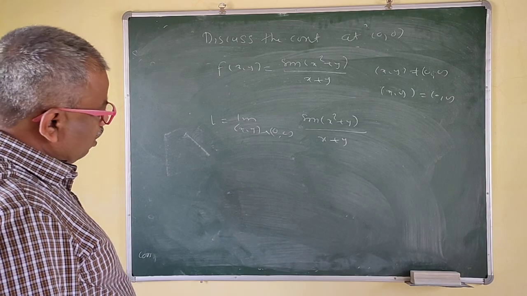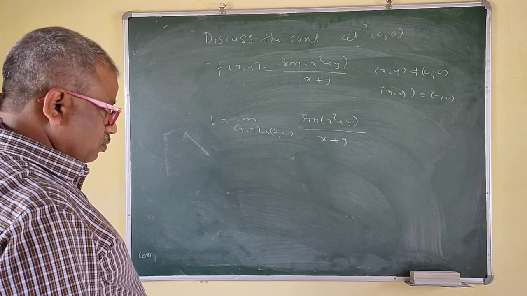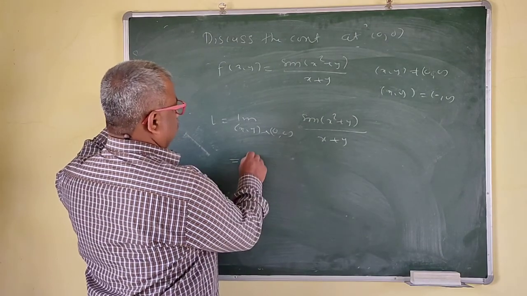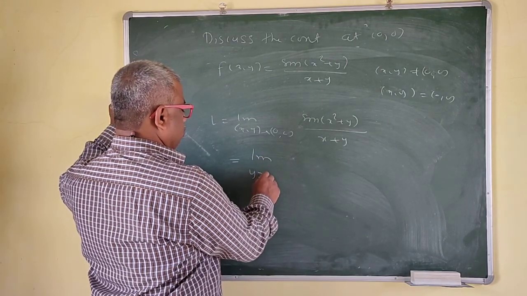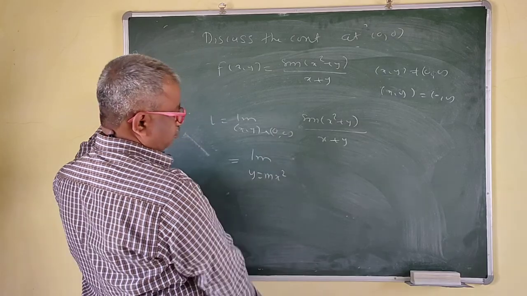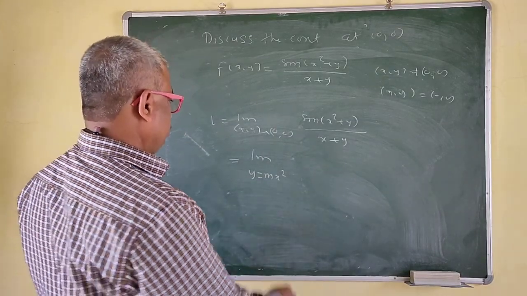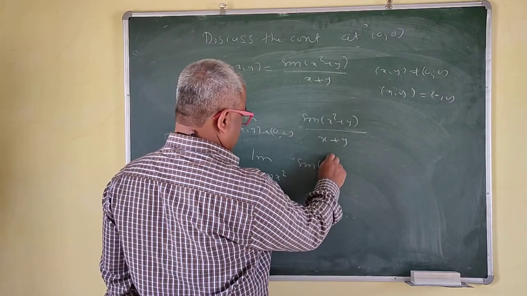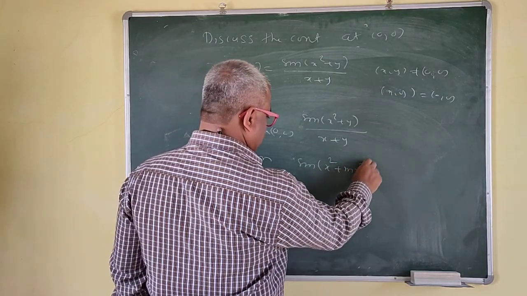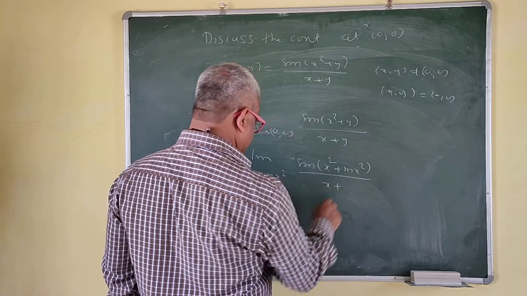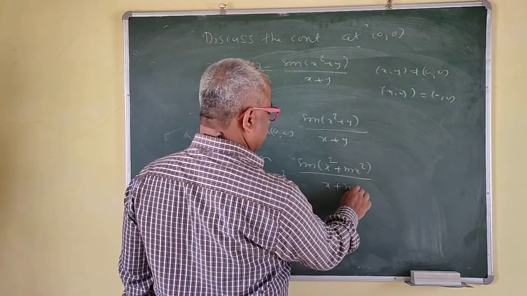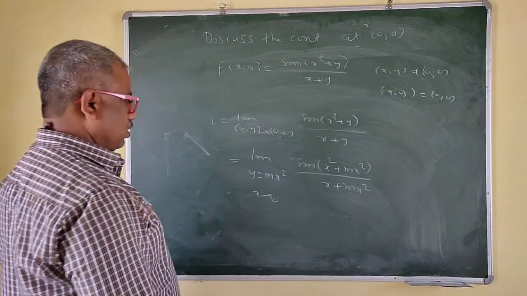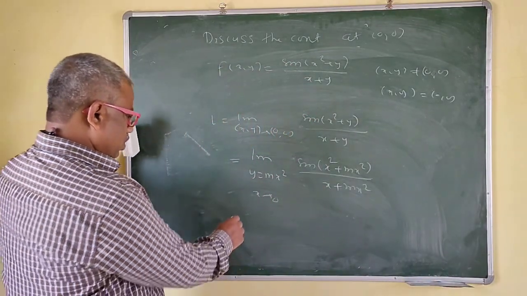So which path should we choose now? We'll choose the path y is equal to mx square. So x tends to 0. So sin of x square plus mx square upon x plus mx square. So what we'll do now?